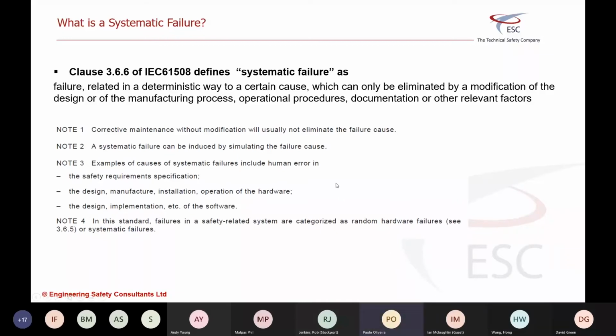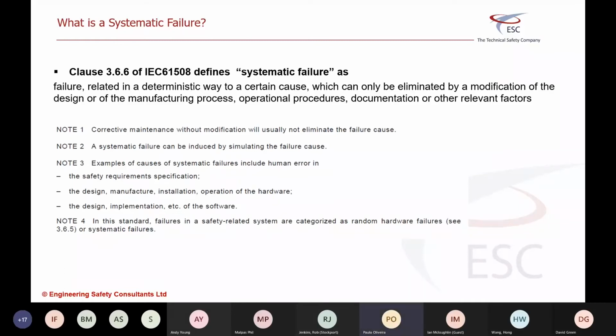There are a number of notes in the standard that give you other examples. On a safety requirement specification, you could have someone saying that the high-level trip should actuate at 95% of the level in a tank. But what they meant to say is they actually wanted it to actuate at 95% of the calibrated range, which might not be the same thing.